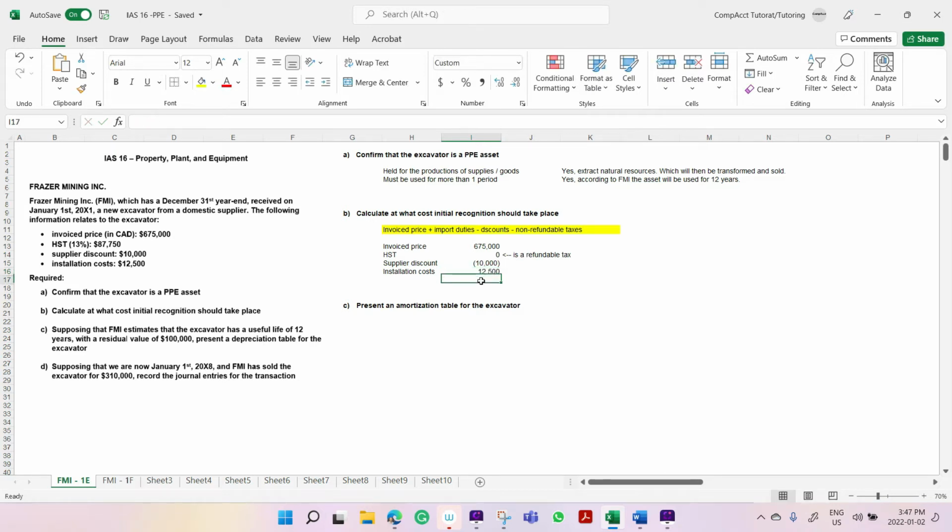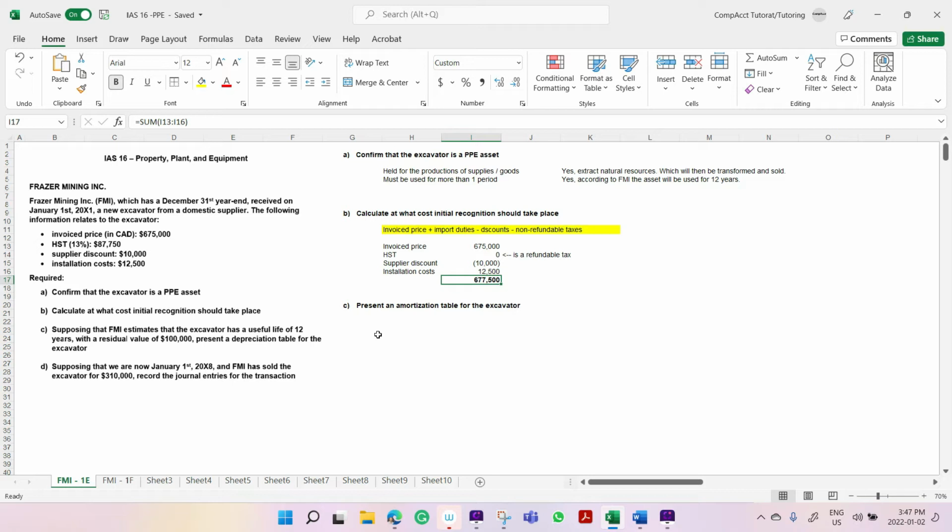So what's our total here? For this asset, as far as initial recognition, we are looking at 677,500 for our initial cost. Okay, so again, they're pretty straightforward. In part C, we're being asked to present an amortization table or a depreciation table.